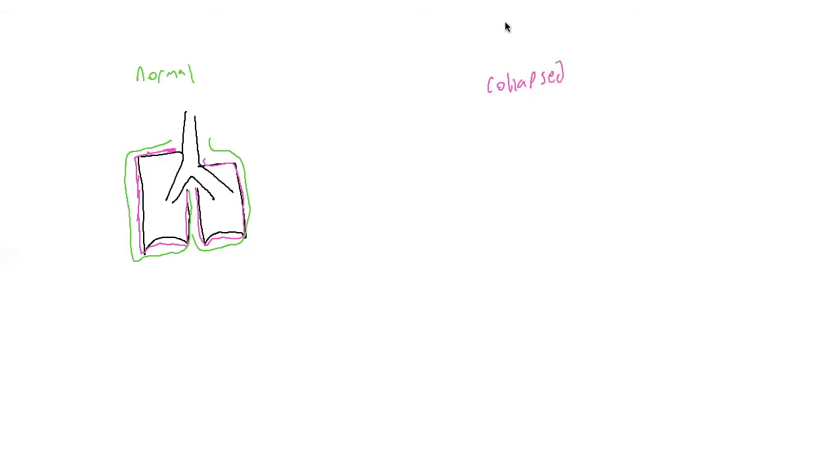What's going to look like is this. I'll just say that one lung is going to be collapsed. Because recall that there's two separate cavities basically. What's going to happen here is that you see that the visceral membrane is still attached.